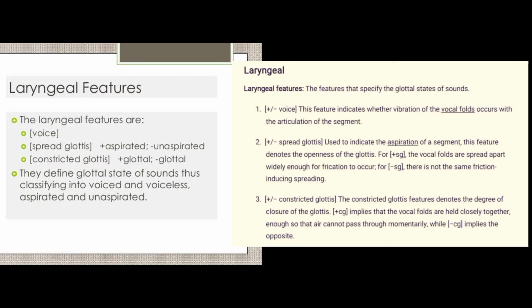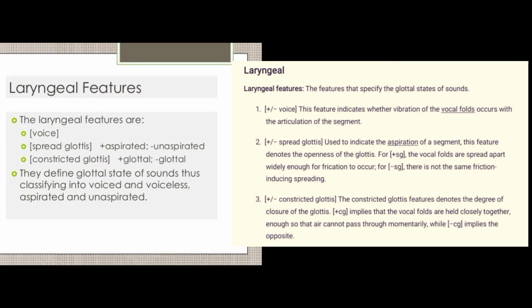For positive SG, the vocal folds are spread apart widely enough for friction to occur. For negative SG, there is not the same friction-inducing spreading. 3. Positive and negative constricted glottis.